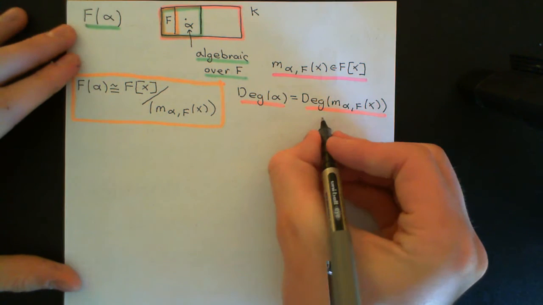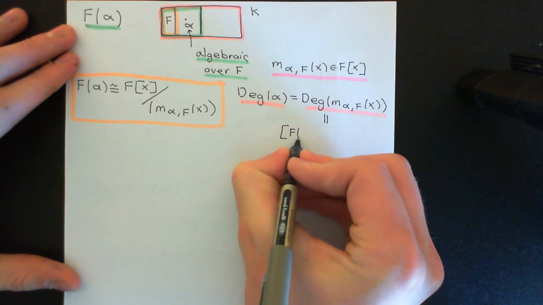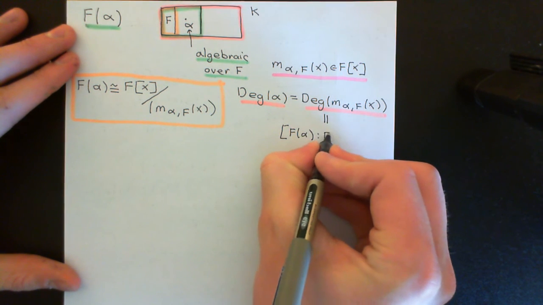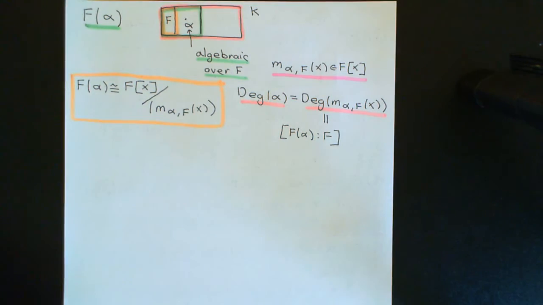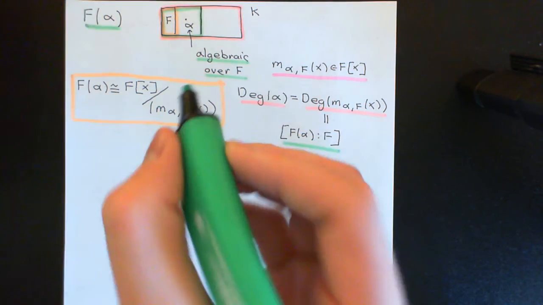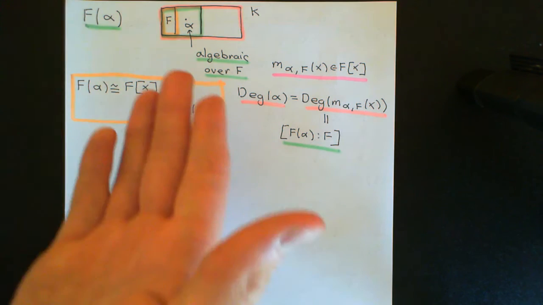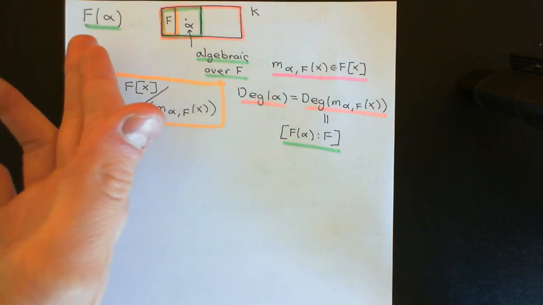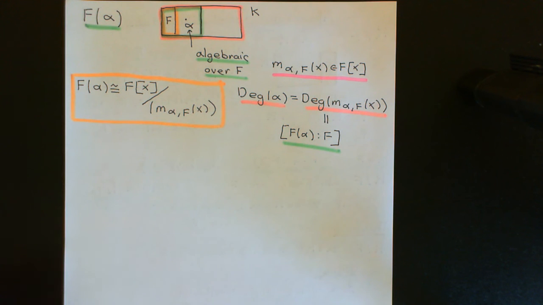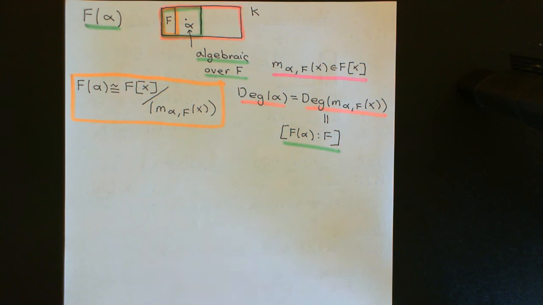So this ends up being the degree of the field generated by alpha over F. That's why it is a very nice thing to define the degree of an algebraic element to be, because it's the value that you'd get as the degree of the field extension if you generated the smallest subfield of the larger field capital K, which contains F and this algebraic element alpha.